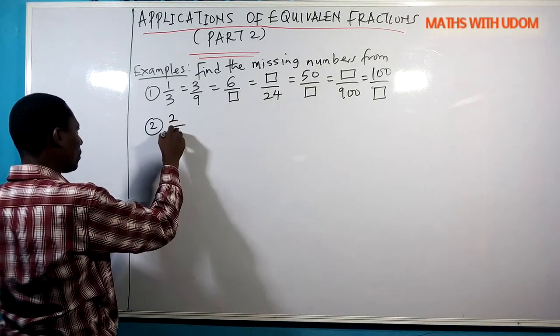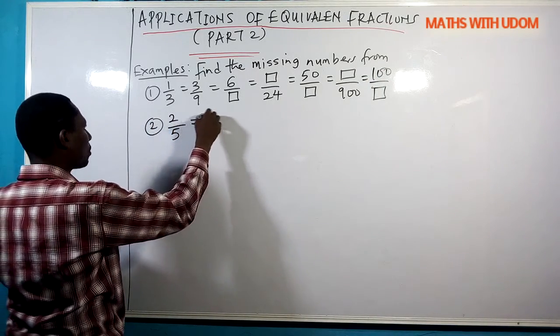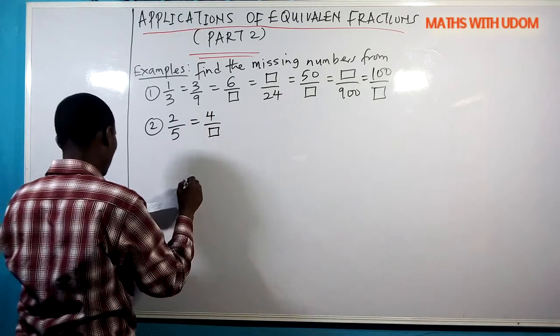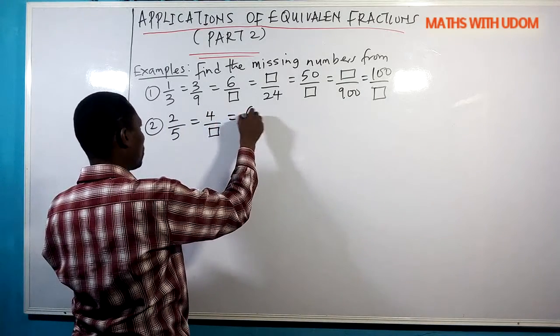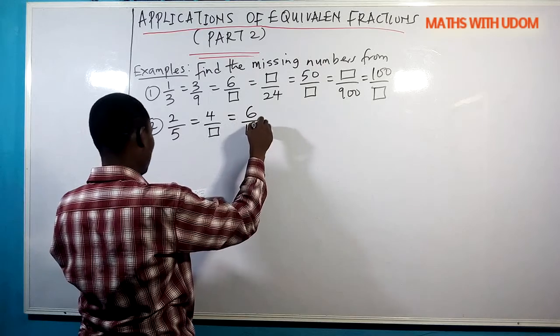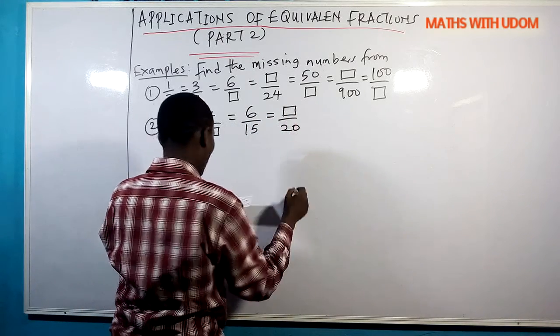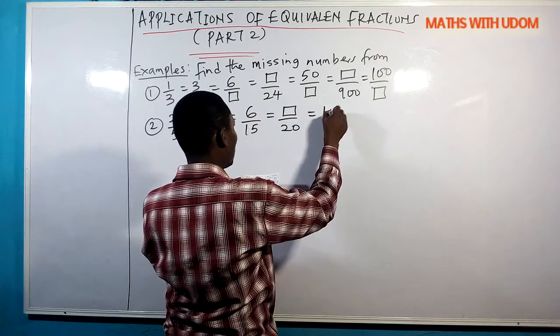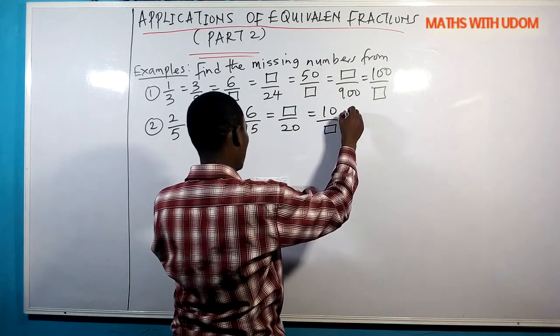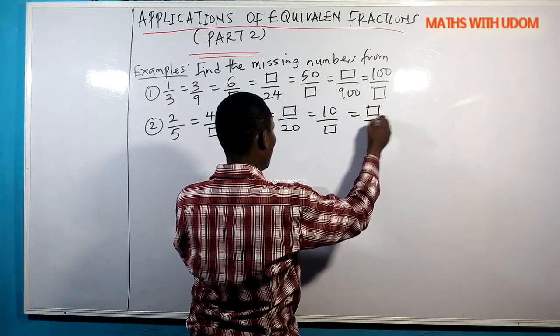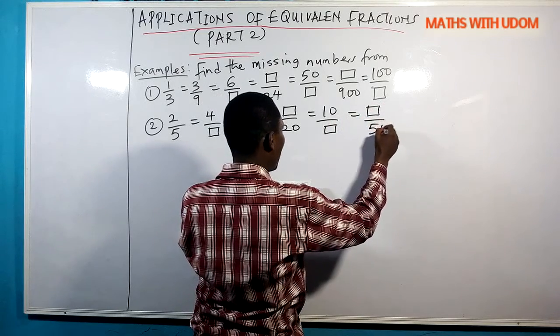2 over 5 equals 4 over box equals 6 over 15 equals box over 20 equals 10 over box equals box over 500.